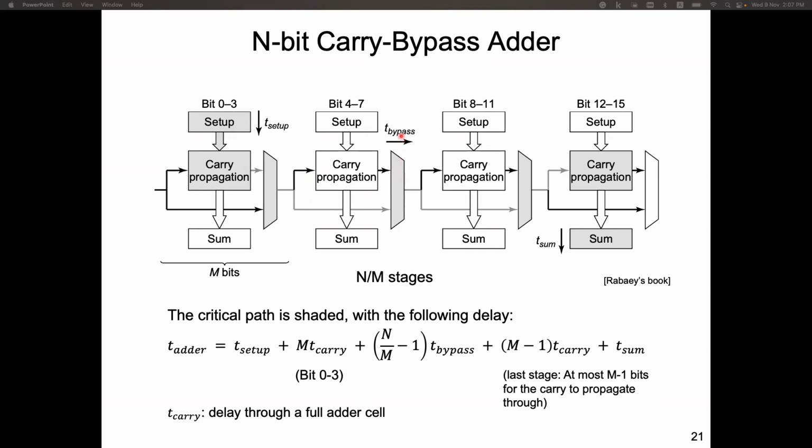So in the worst case, it is just bypassed, bypassing these internal carrier propagation stages. At the same time, of course, the bypassed stages produce an intermediate sum, but this is just one stage. Its delay is confined to the last 2 terms of the equation. And the critical path, the longest delay here, is this. It's shaded here. So any questions?